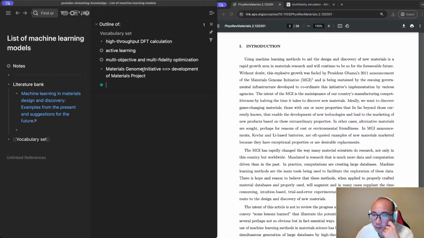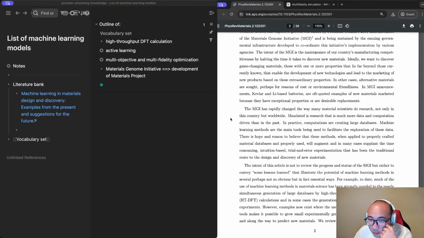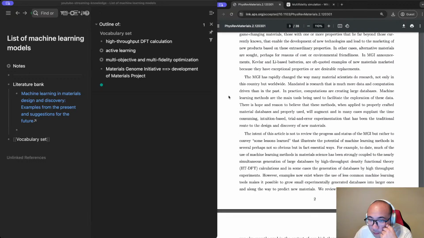Okay. We want to discover game-changing materials, always where one or more properties lie far beyond. That is much more data and computation driven than in the past.